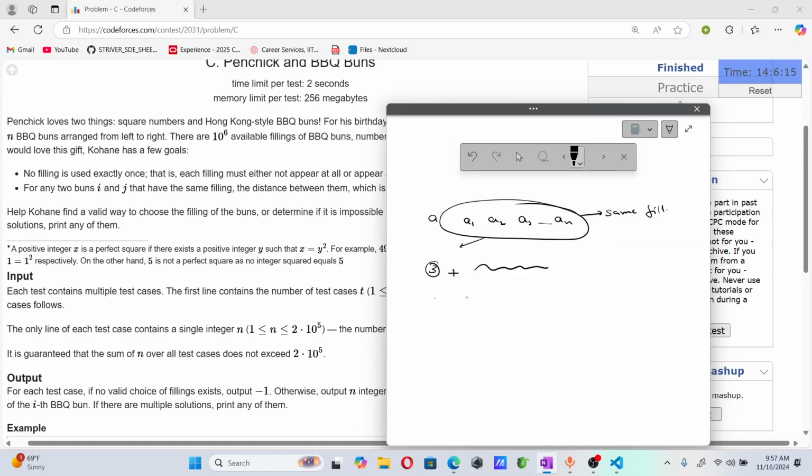If it's even, it can be grouped into two. If it's odd, first you group the first three, and then the remaining you can group them, right?